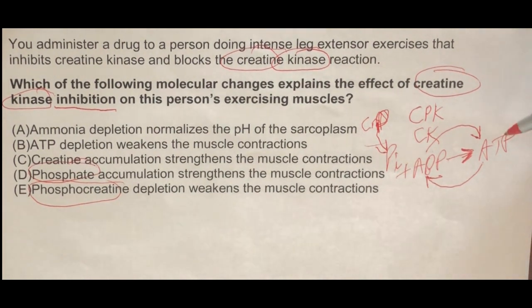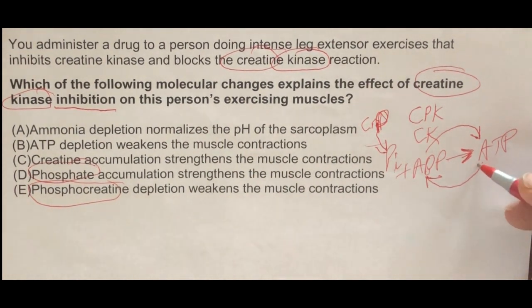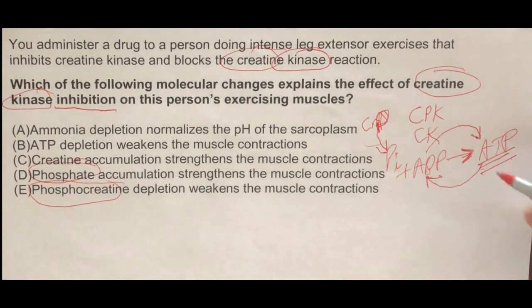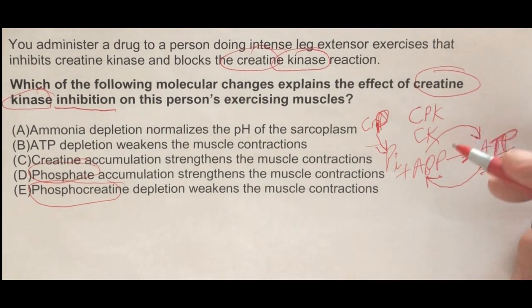But is that a function necessarily of creatine phosphate? If we deplete the ATP, we could be using it up because of the intense exercise. It would weaken the muscle contraction, but it wouldn't be a direct result of the CPK or CK reaction.